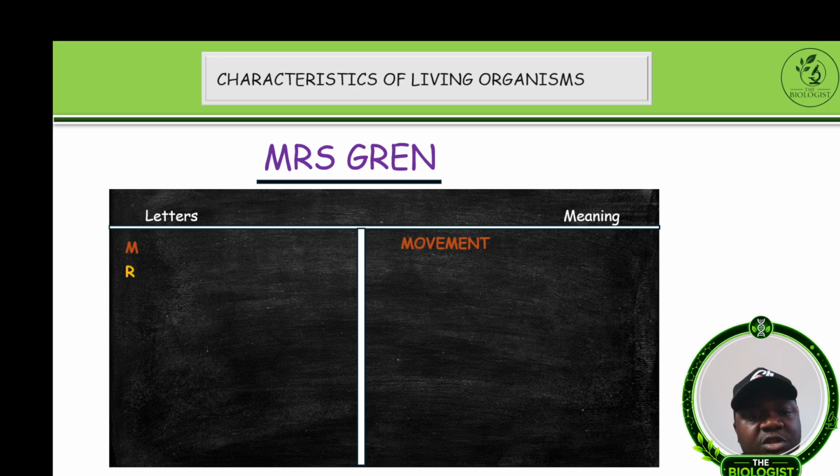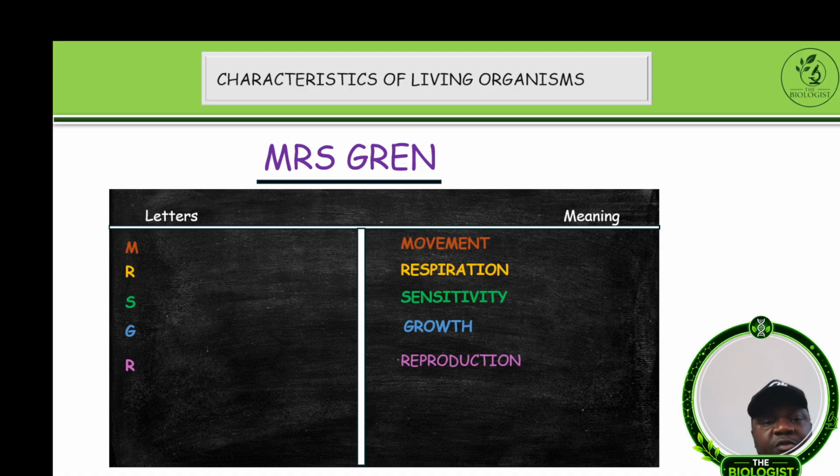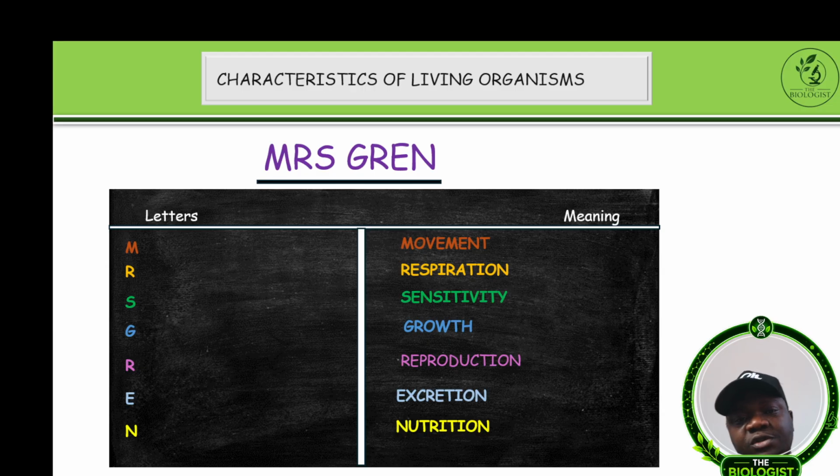R stands for respiration. Then S stands for sensitivity. Then G stands for growth. R for reproduction. E for excretion. Then N for nutrition. We're going to explain all of them and see what it entails.